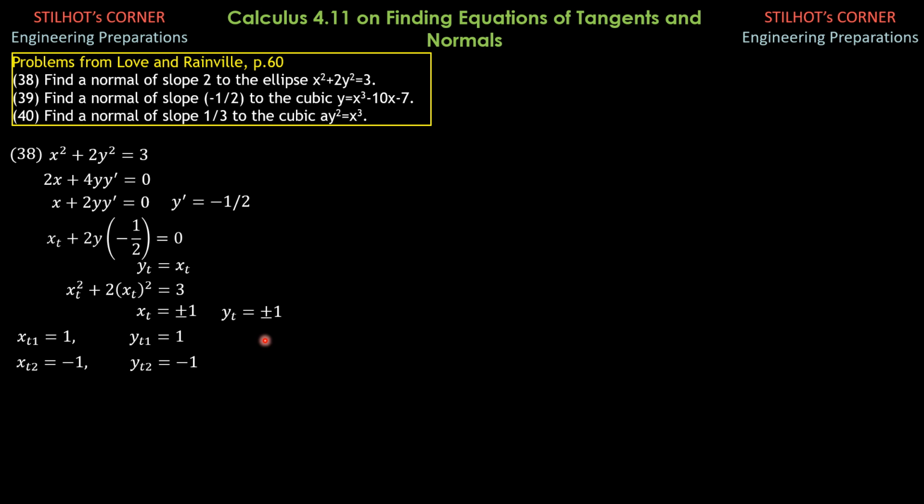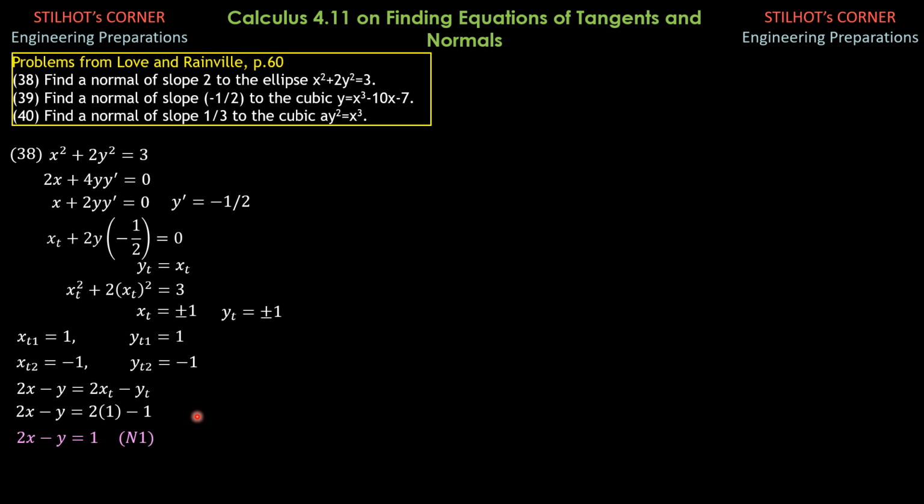And the expected equation of the normal of slope 2, because the slope of the normal is 2, is 2x minus y equals 2 x sub t minus y sub t. Substitute the first point of tangency, 1, 1. So 2x minus y equals 2 times 1 minus 1. So the first normal line is 2x minus y equals positive 1.